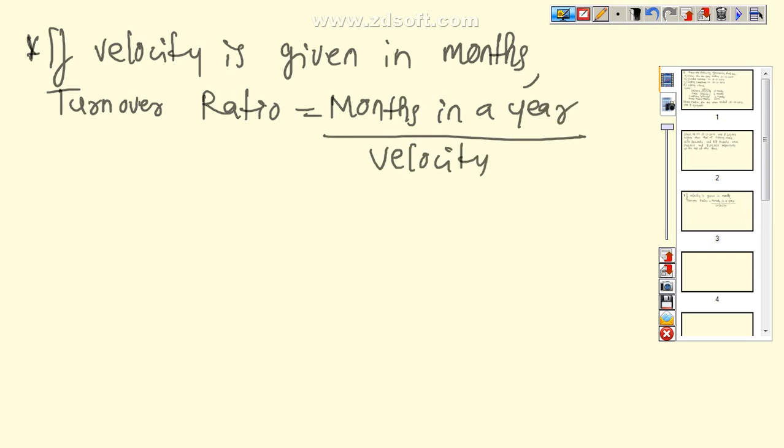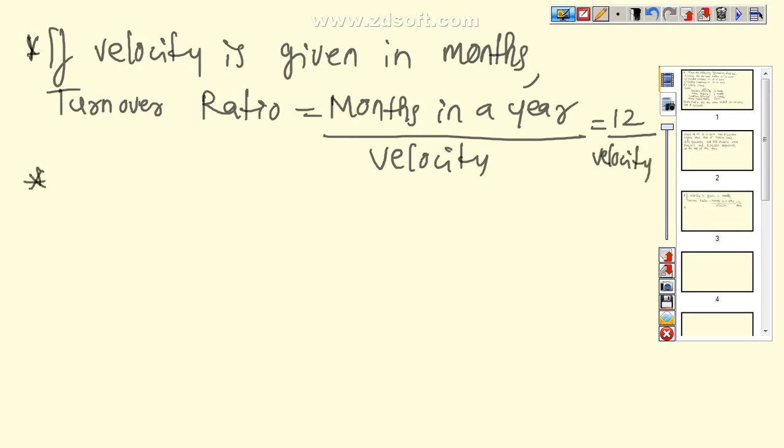Here turnover ratio may be stock turnover ratio, creditors turnover ratio, or debtors turnover ratio. Velocity means stock velocity, debtors velocity, or creditors velocity. Whatever it may be, we substitute the value. So that is equal to 12 upon velocity.